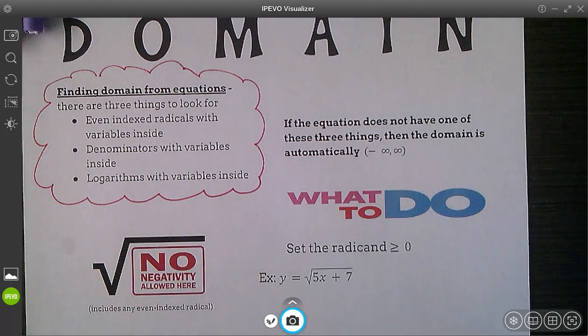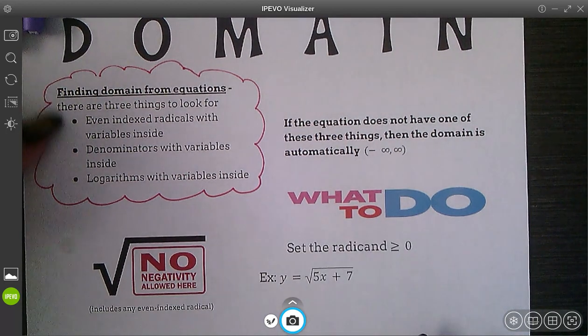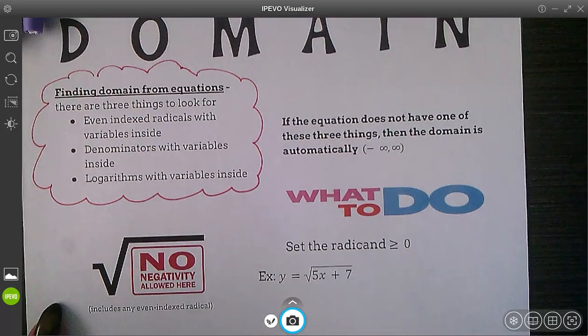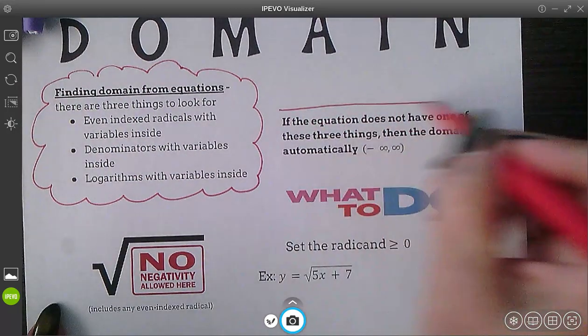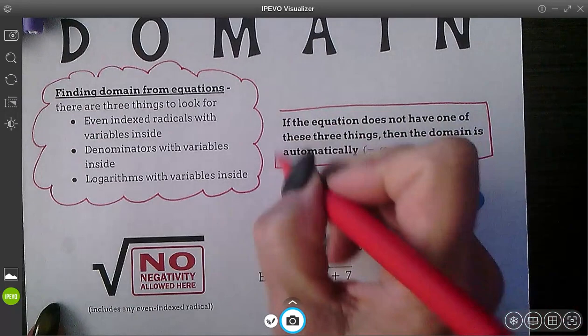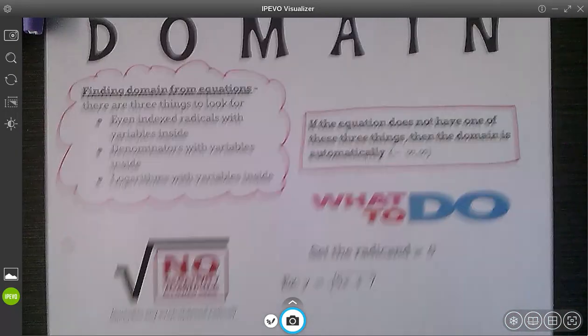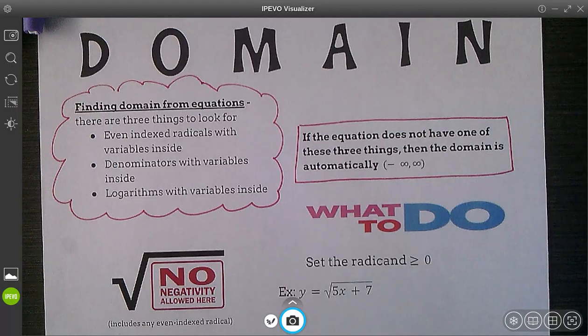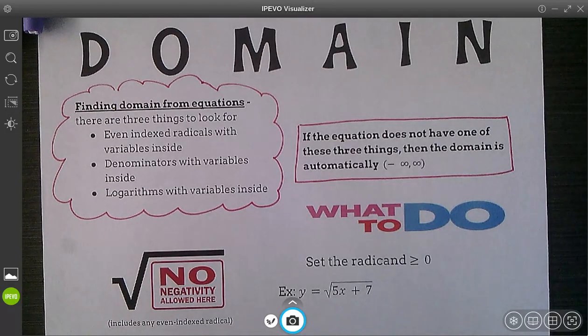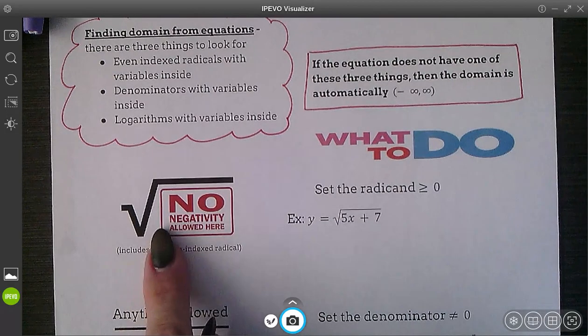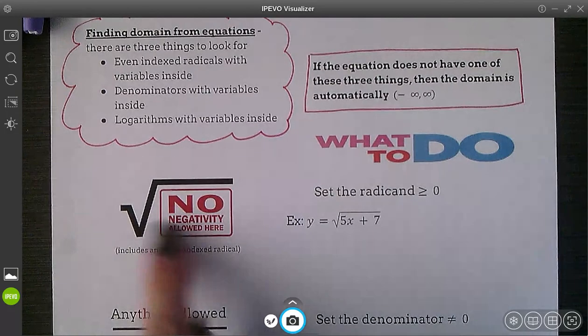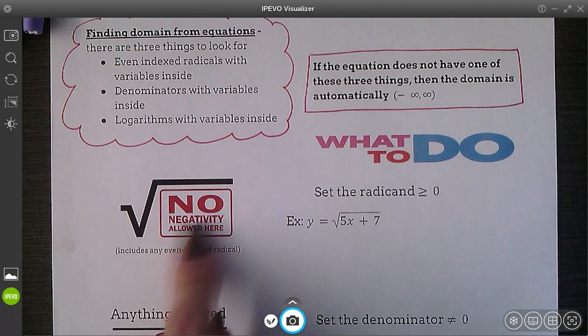So the thing we need to know is if it doesn't have one of these 3 things, then the domain is automatically just going to be negative infinity to infinity, or all real numbers. So we're just looking for 3 things, and in reality, that's just 2 things right now because we're not doing logarithms until later. So here I have an even index radical. No negativity allowed inside that radical.